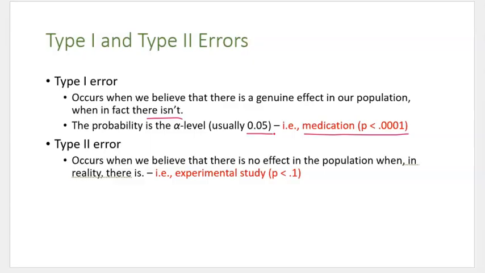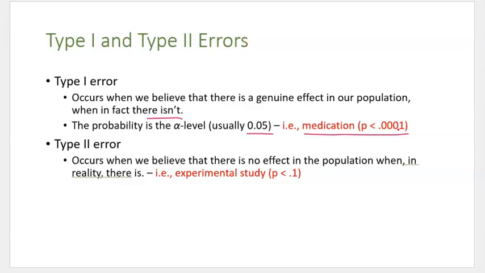But in the medication sector, because we don't want side effects from the medication, we put p less than 0.0001. If your p-value is not less than this, then you will reject your alternative and accept your null hypothesis, so there is no effect. This is how you apply the type 1 error.